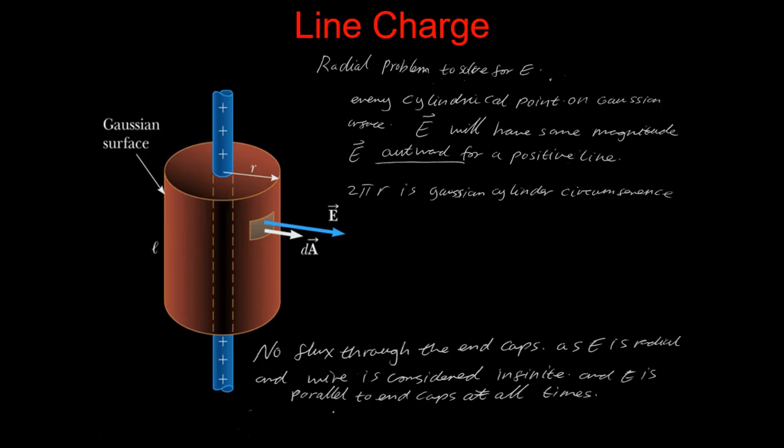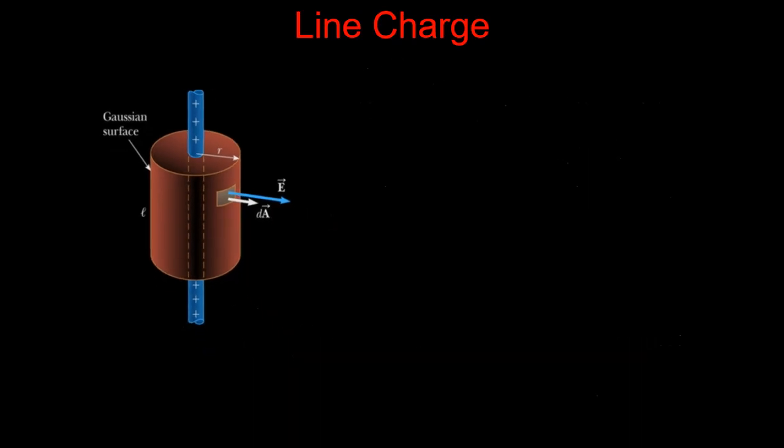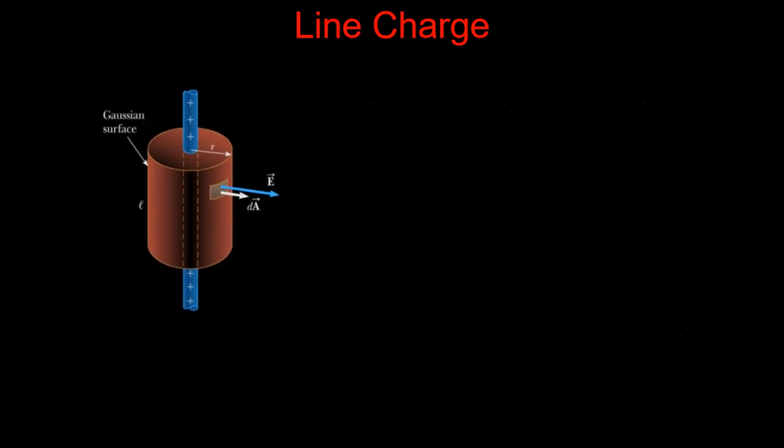And this is quite true, because when we're talking about the size of an electric field coming from a proton or an electron or some other such charge, we're talking about a very, very small size compared to the length of a wire. So this becomes a reasonable approximation. So we consider the length of our wire to be infinite, and the electric field is parallel to the end caps at all times, giving us only an electric field through the cylinder wall, I should say.